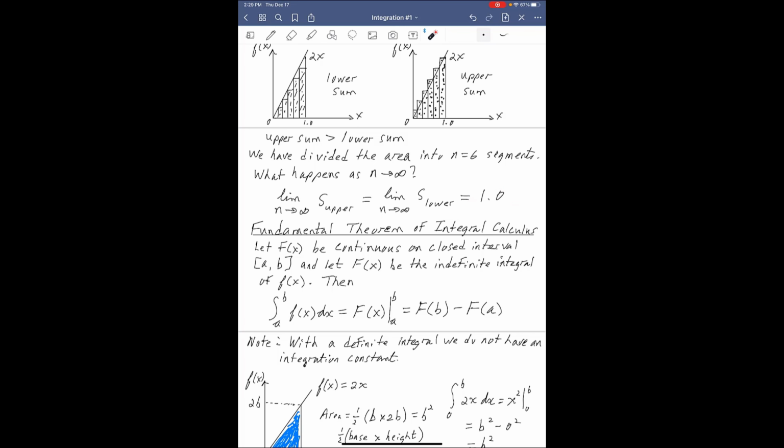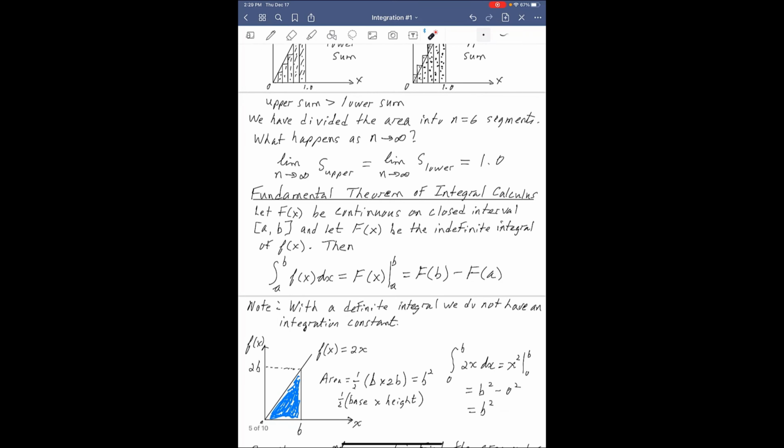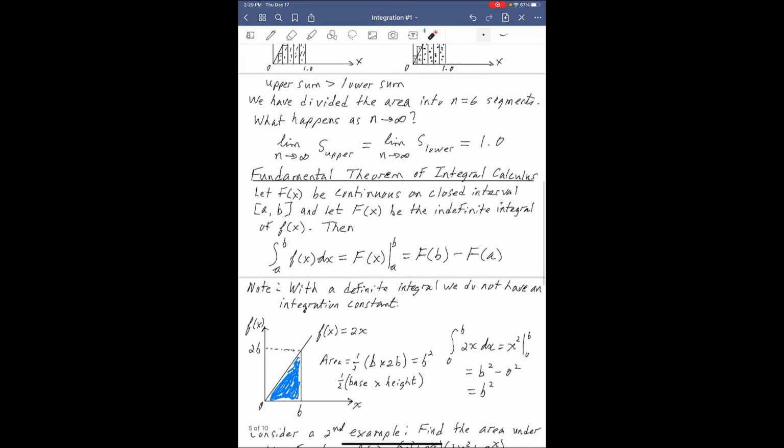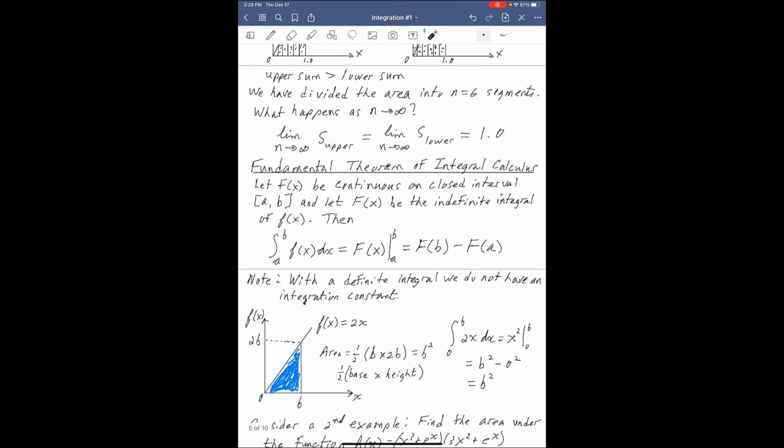So a fundamental theorem of integral calculus is that if we let f of x be a continuous function on a closed interval a, b, and we let capital F of x be the indefinite integral of f of x, then if we integrate between a and b the function f of x dx, it's equal to the antiderivative, capital F of x, evaluated at b and subtracting a.